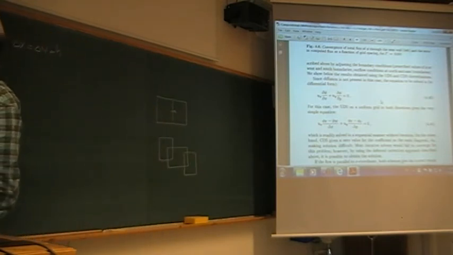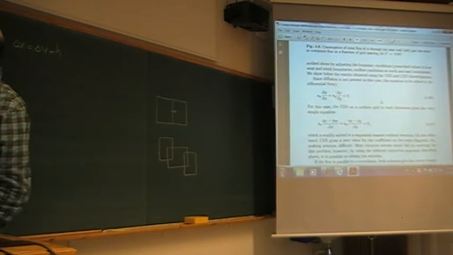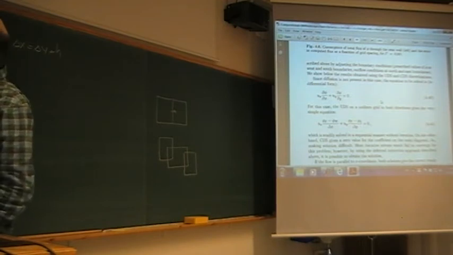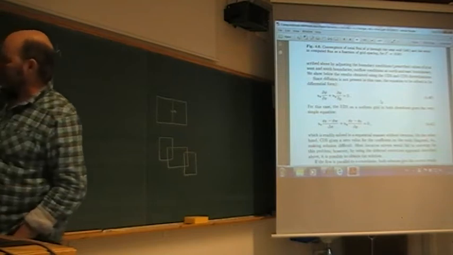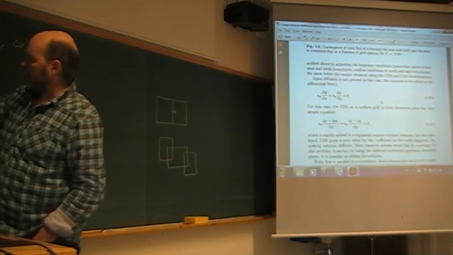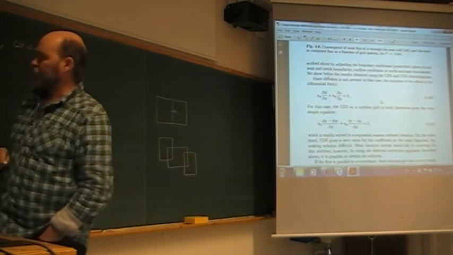You have a delta x, let's see, it should be something like this: u over 2 delta x, phi i plus 1 j minus phi i minus 1 j, right?